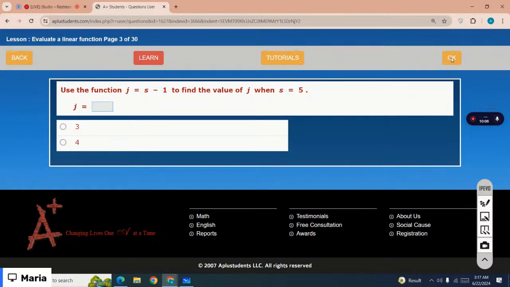Use the function j equals s minus 1 to find the value of j when s equals 5. So which is the correct option?